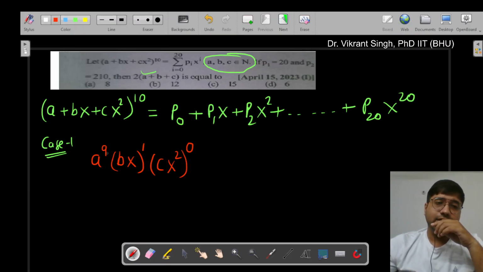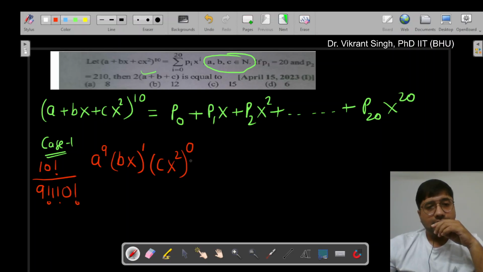If we get these values, now we can write the coefficient by multinomial theorem, that is 10 factorial upon 9 factorial upon 1 factorial upon 0 factorial. No other case is there, because if we put 1 in the other place, then the degree is x square, right? So the only possible case for x to the power 1 is this, and this is equal to p1x, that is 20x.